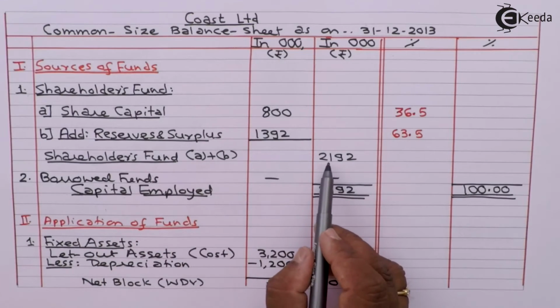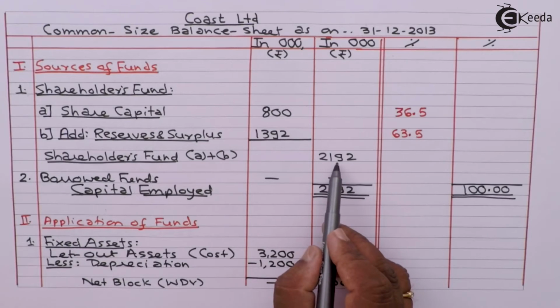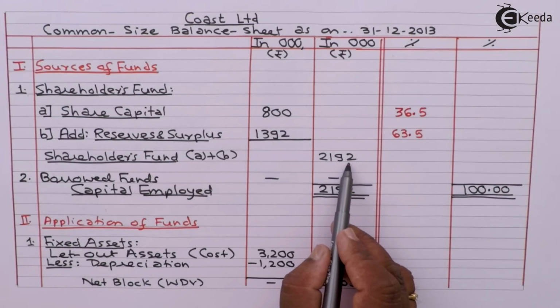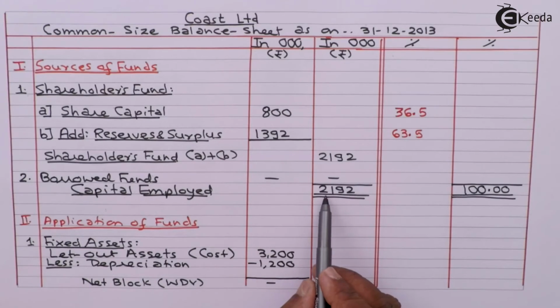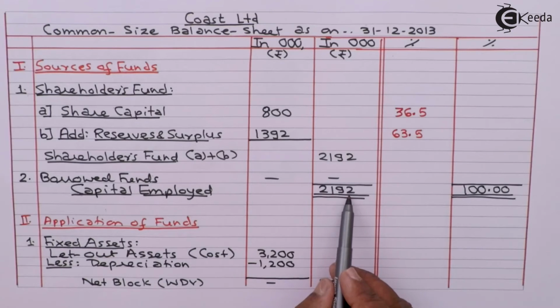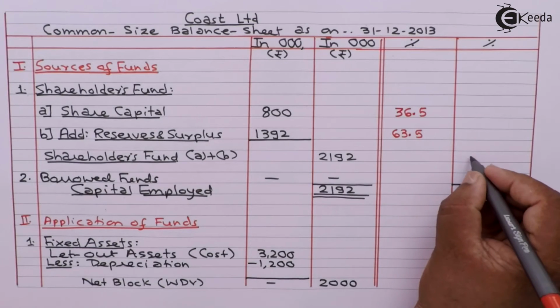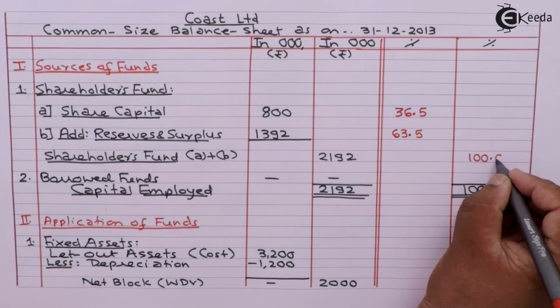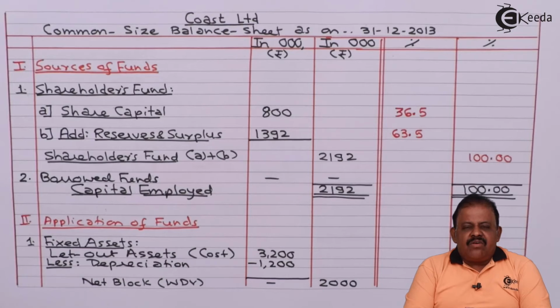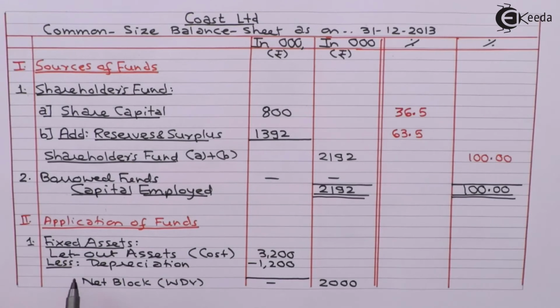Shareholders fund 2,192,000 divided by capital employed 2,192,000 multiplied by 100. So it will be 100%. We have completed first part of the balance sheet. Let us proceed for the second part.